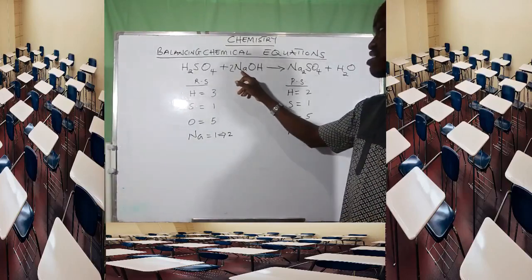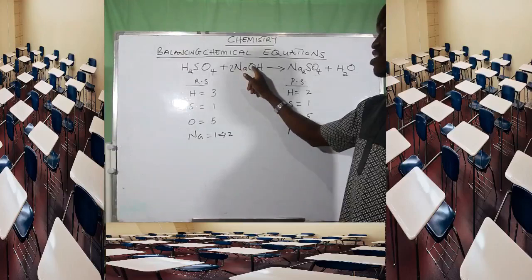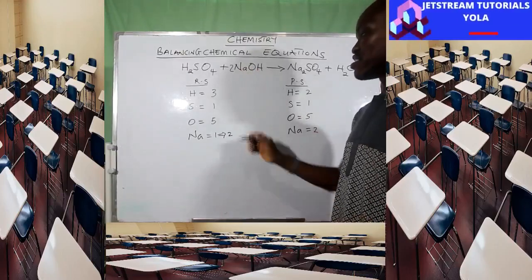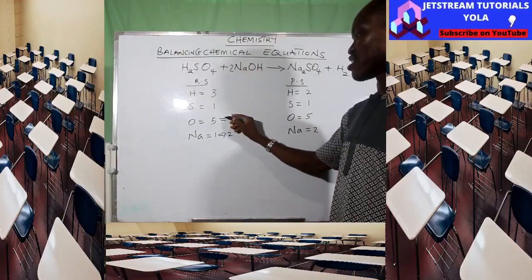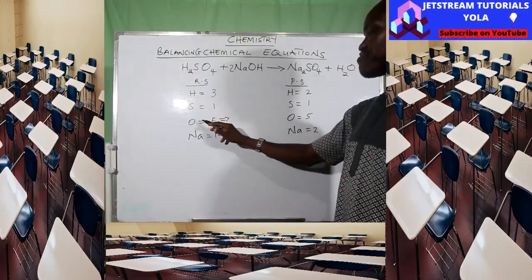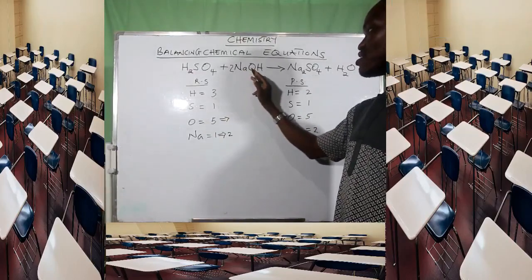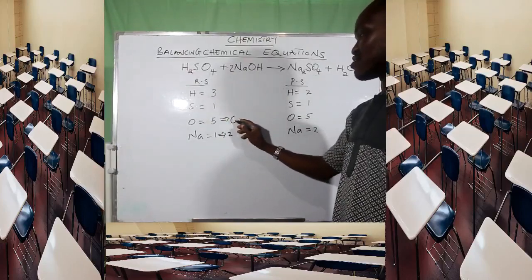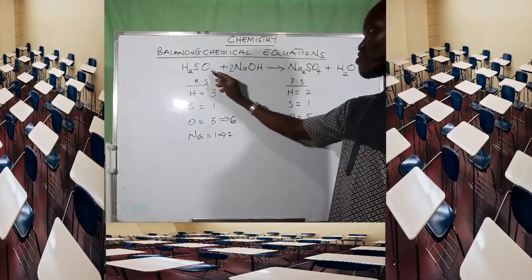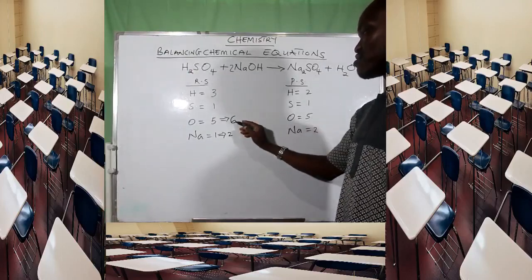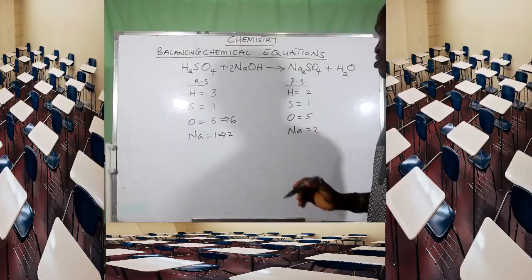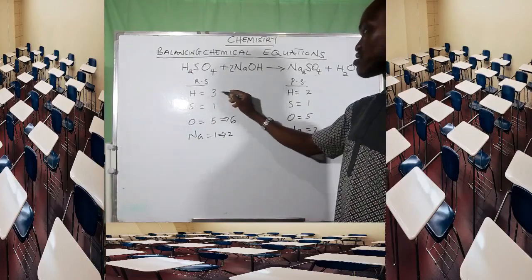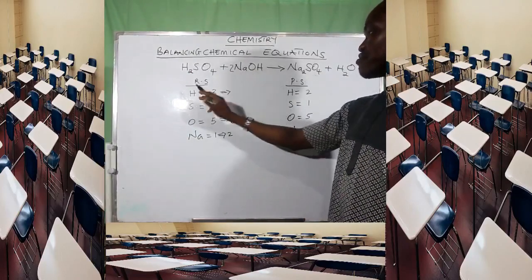Then in the process of balancing this, oxygen has been affected, likewise hydrogen has been affected. So on the reactant side, instead of 5 atoms of oxygen, we end up having 6, because 4 plus 2 gives you 6. Then coming to this side, hydrogen as well has been upgraded from 3.